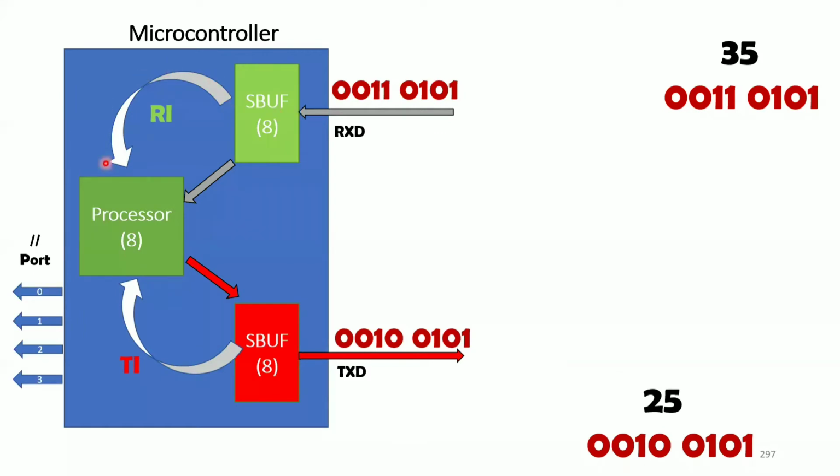This is done with the help of a signal called the reception interrupt or receiver interrupt. So the serial port actually has 2 interrupts, but we say that the serial port has only one common interrupt, the serial port interrupt, which is common for RI and TI. We are not taking separate interrupts for the serial port.